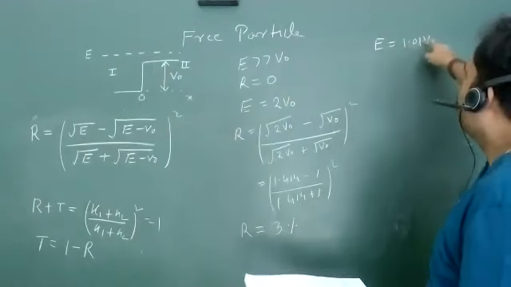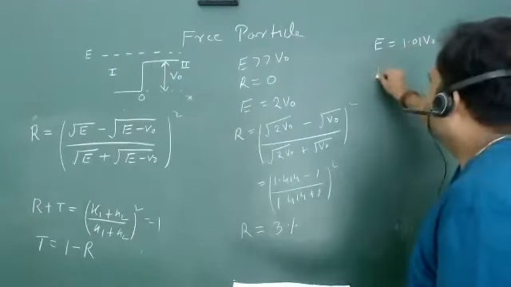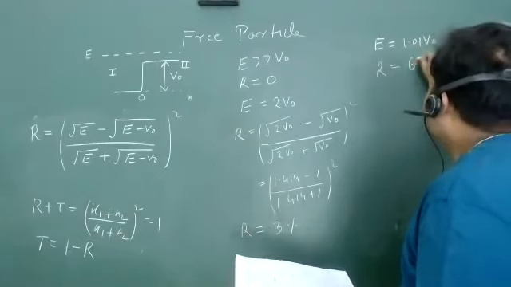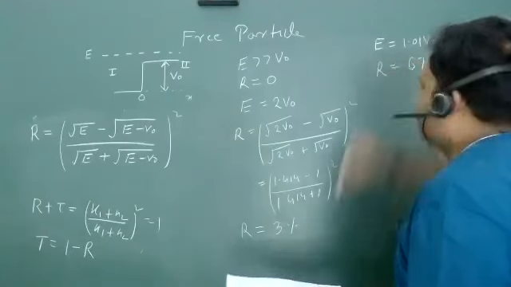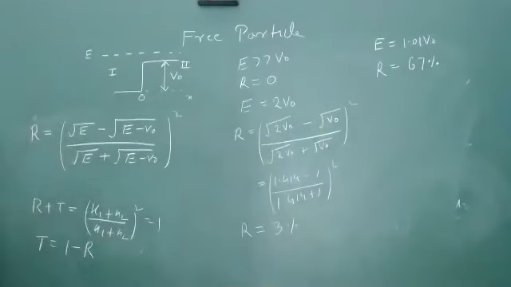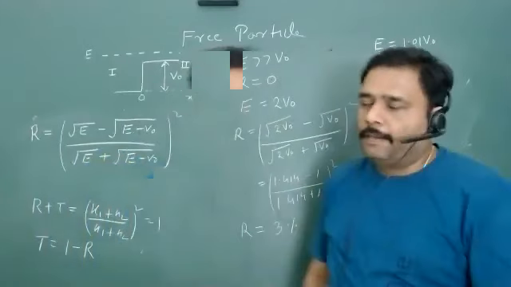You can find the reflection coefficient is about 67%. How can we explain this? So I have taken all these numbers, and you can tell me how we can explain this kind of situation.